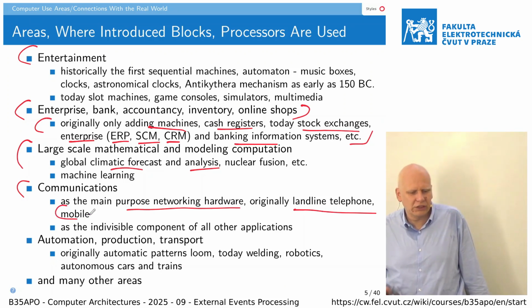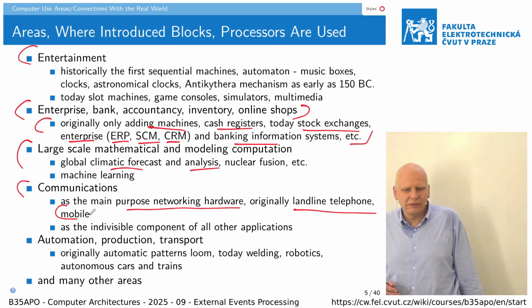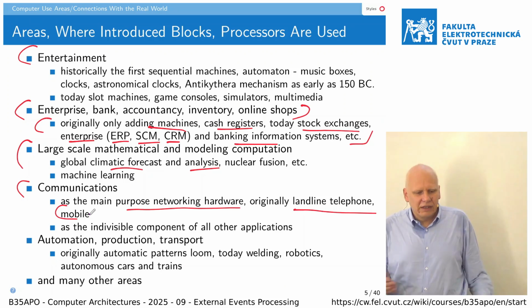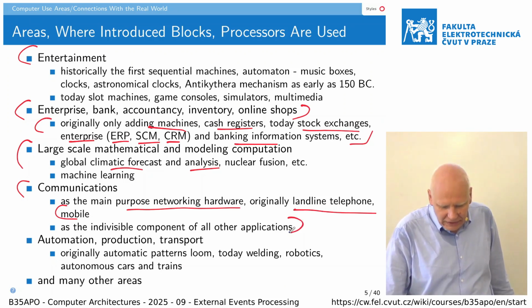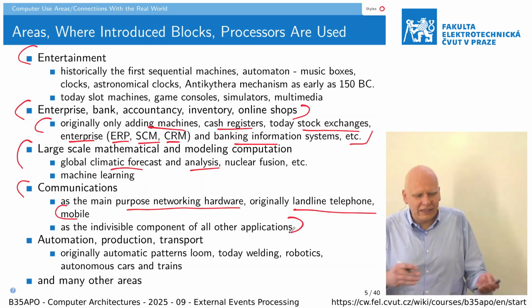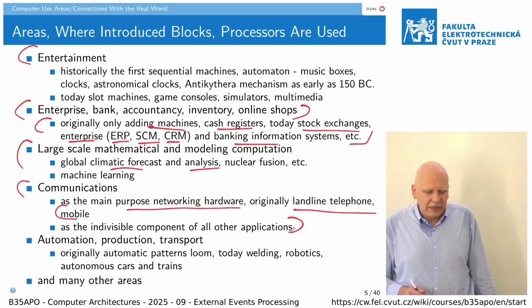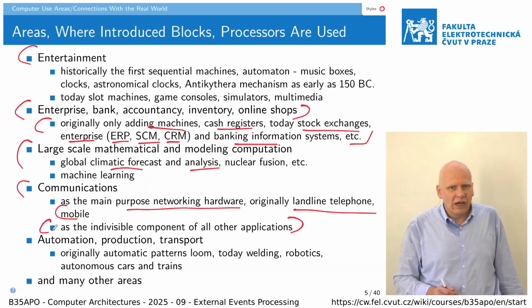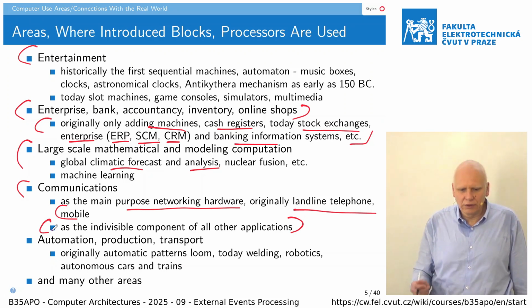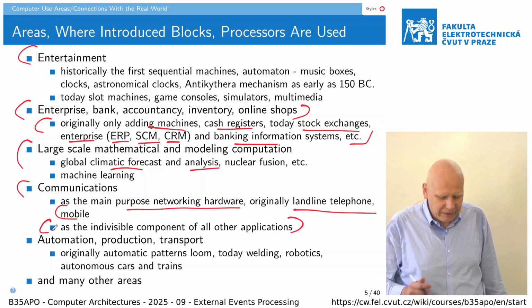So communication is a very important area, and as the systems are distributed and interconnected, today basically all other areas where computers are used are usually equipped with communication hardware interfaces. So communication is very important today as well.